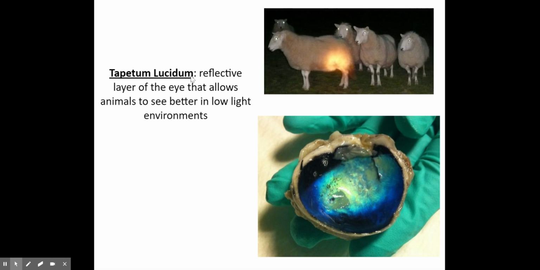Tapetum lucidum is the full name. It's a reflective layer on the back of the eye that allows the animal to see better in low light. It amplifies whatever light's going into the eye, and then helps to disperse that throughout the eye so the retina picks it up, which is why animals have better vision in low light than we do as humans, because we don't have that.